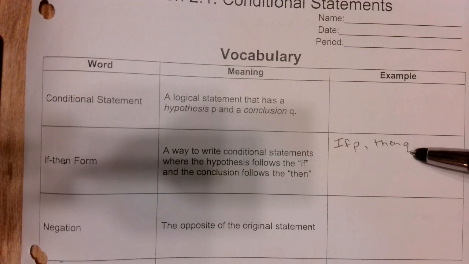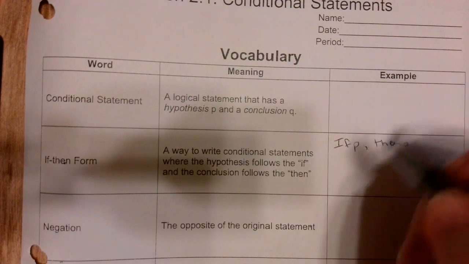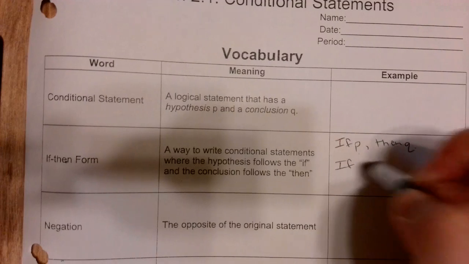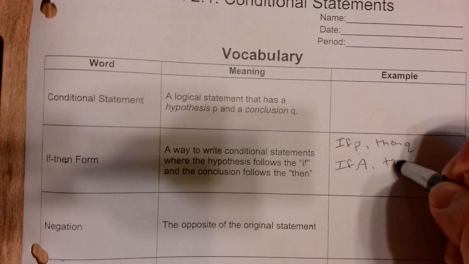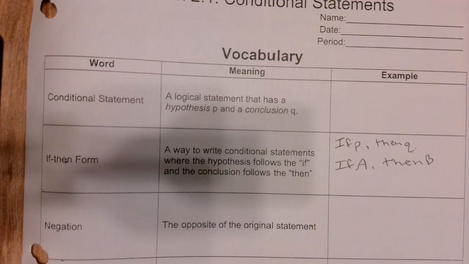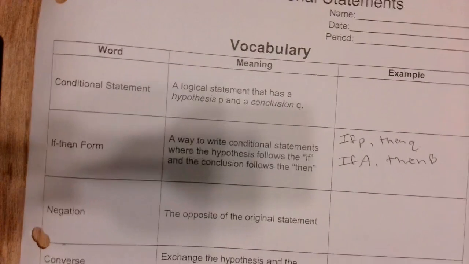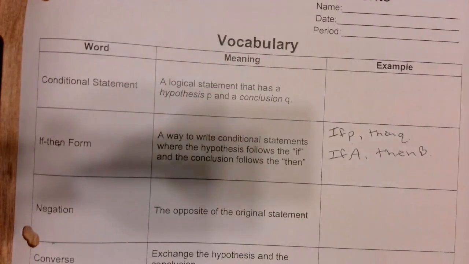The Q is the conclusion, just as we stated up here. Sometimes it may also be written if A, then B. Now, whether you use P and Q or A and B, it's just up to you. It's up to whatever teacher happens to be teaching it, whoever happens to be writing the book.